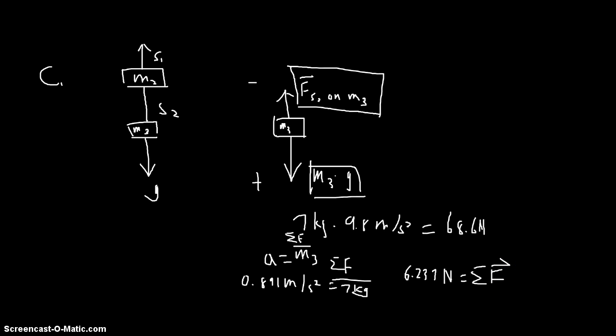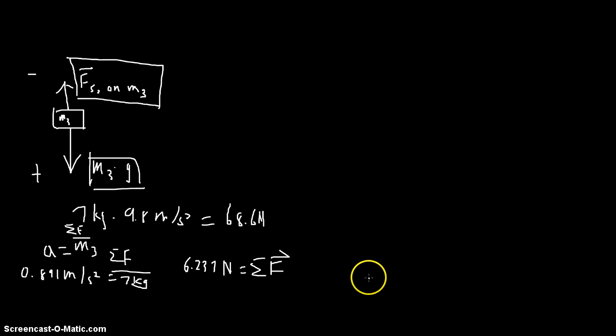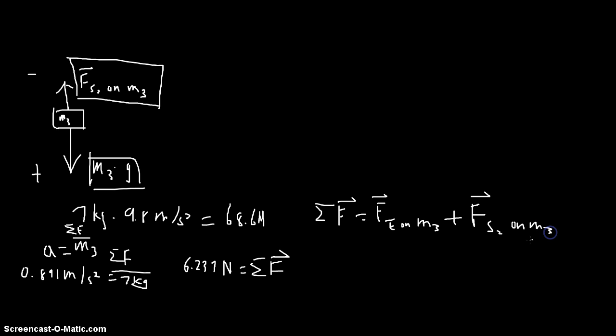Moving over a bit. And now a bit bigger. So the sum of F can be seen as equal to F of Earth on M3 plus the F of string 2 on mass 3.